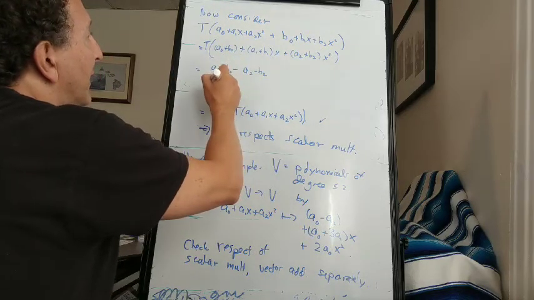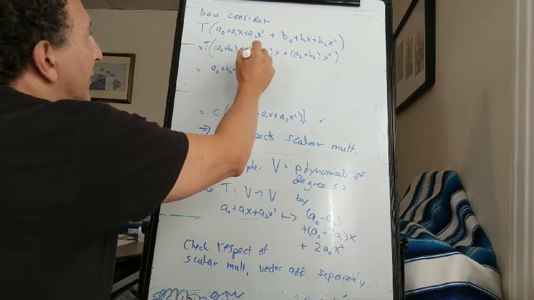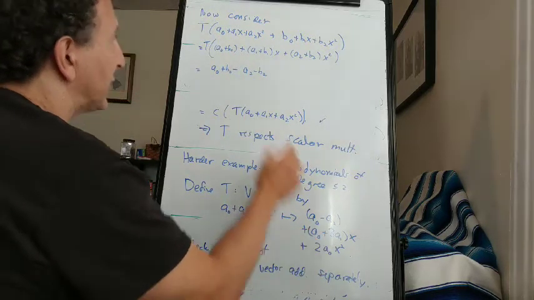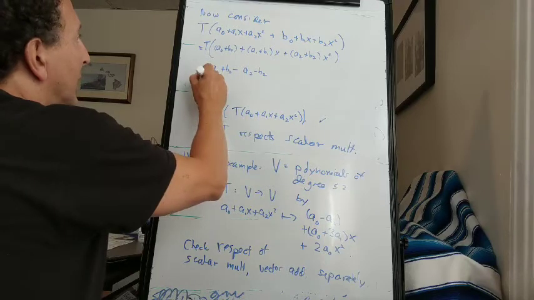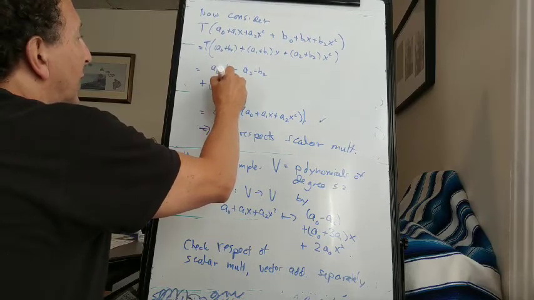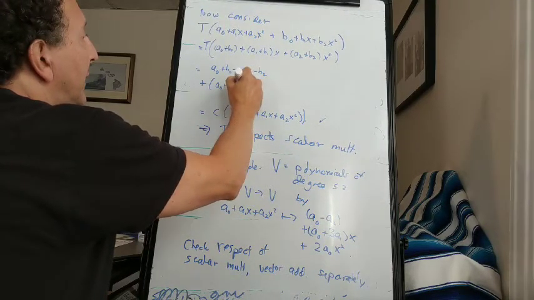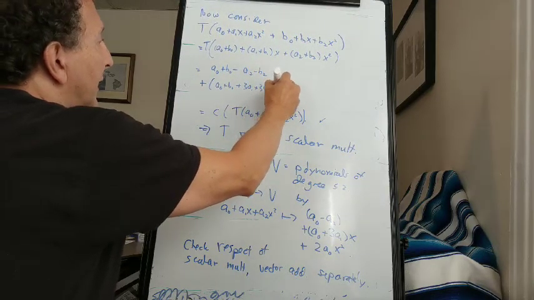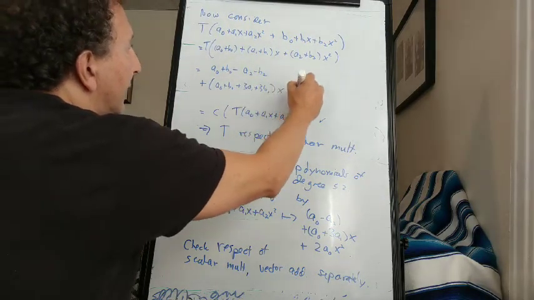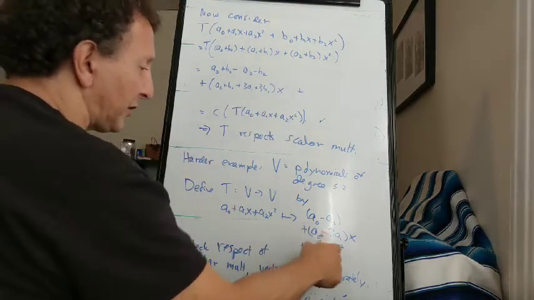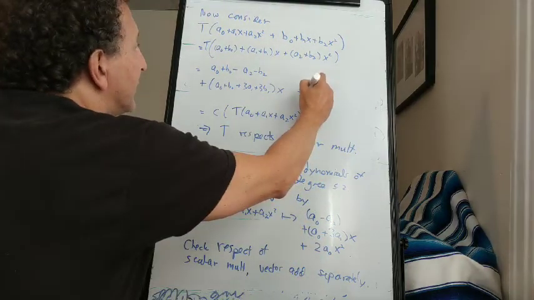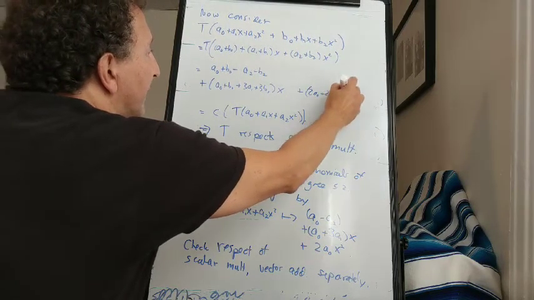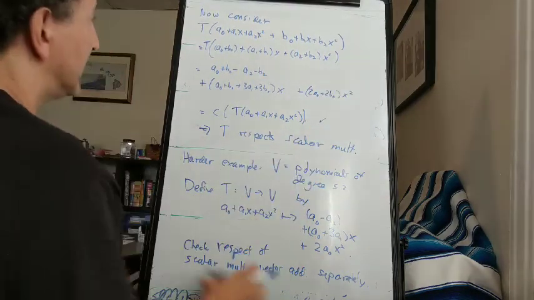And then for the coefficient of x, it's going to be constant term plus 3 times the coefficient of x, plus a naught plus b naught plus 3a1 plus 3b1 x, and then the coefficient of x squared is going to be 2 times the constant term. So plus 2a naught plus 2b naught x squared.